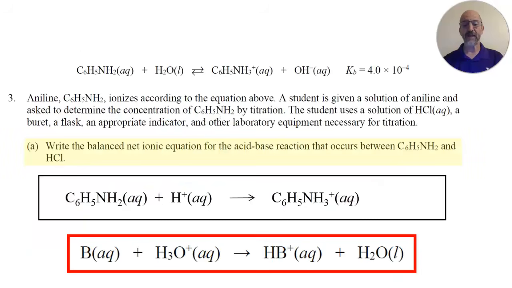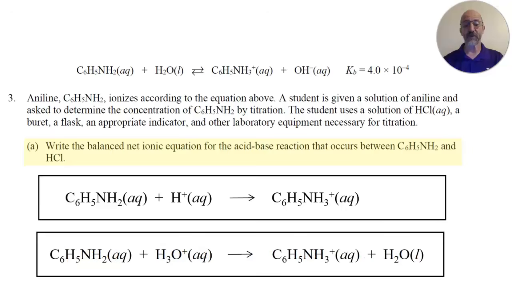So take a look at these two versions of the equation. The difference is if you write hydronium, or H3O plus, then you have to show water on the other side of the equation. Otherwise, if you write H3O plus on the left and you don't put water on the right, then that will not be properly balanced in terms of the number of atoms. So I'm going to show you two possible answers to part A of question 3.